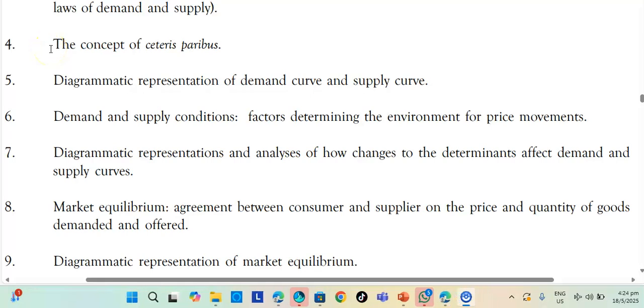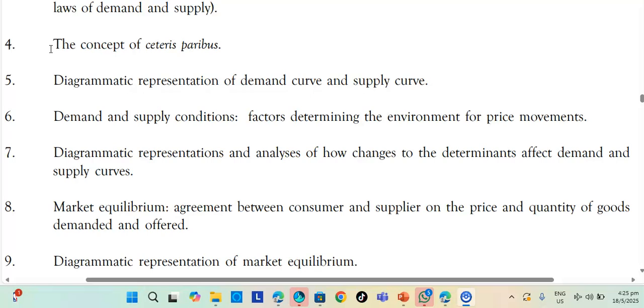So let us start with supply. Now, factors affecting supply conditions, and just a reminder, when we refer to supply conditions, we're talking about the factors that influence how much of a good or service producers are willing and able to sell at different prices.